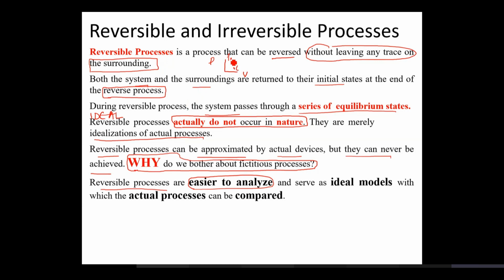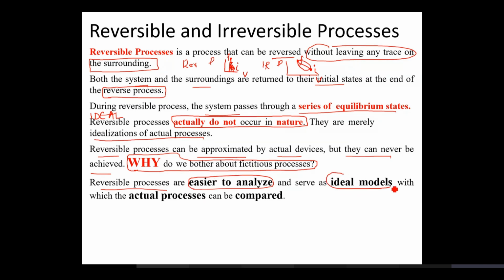If I have to determine the work done, I know the path, and the area under the curve gives me the work done. For an irreversible process, you have an initial state and a final state, but you don't know the path, whether this was the path, this was the path, or this was the path. How would you find out the work done? It's all very hectic. So the reversible process makes the system easier to analyze.